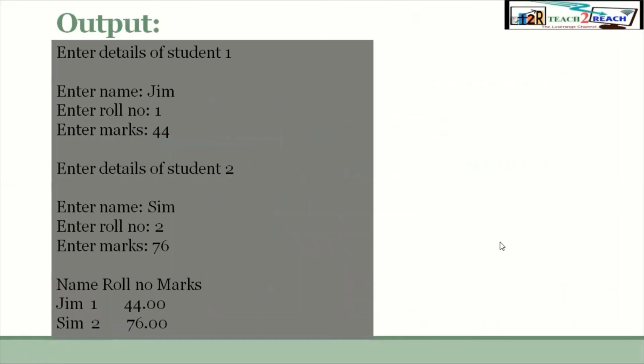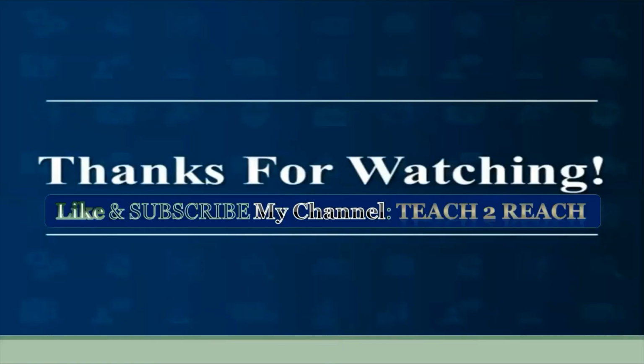Then coming to the end of the video. So far in this video we have discussed the structure definition, the purpose of structures, the declaration of structures, memory allocation of structures, initialization of structures, and accessing structure members with the help of a structure variable with the dot operator as well as the arrow operator.